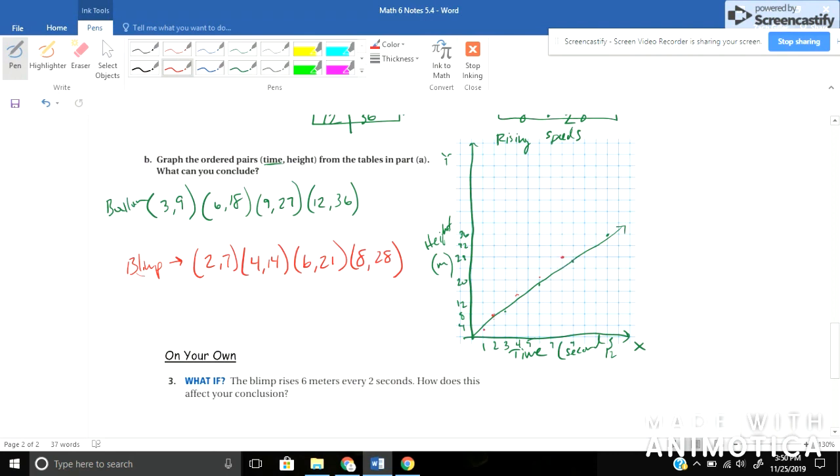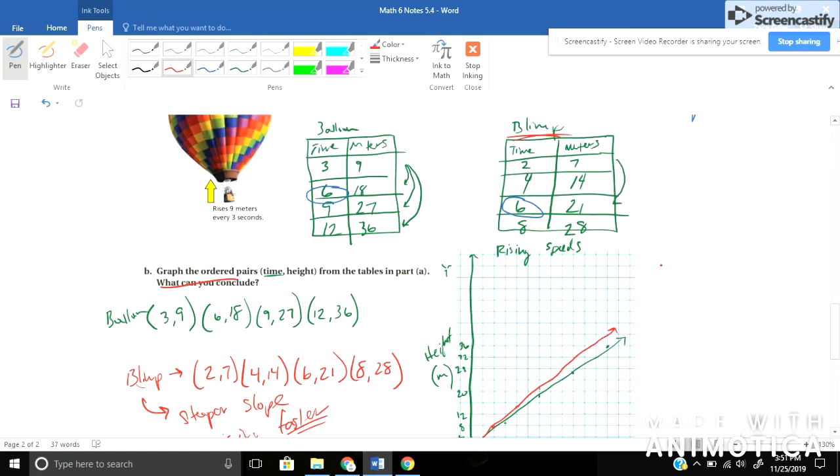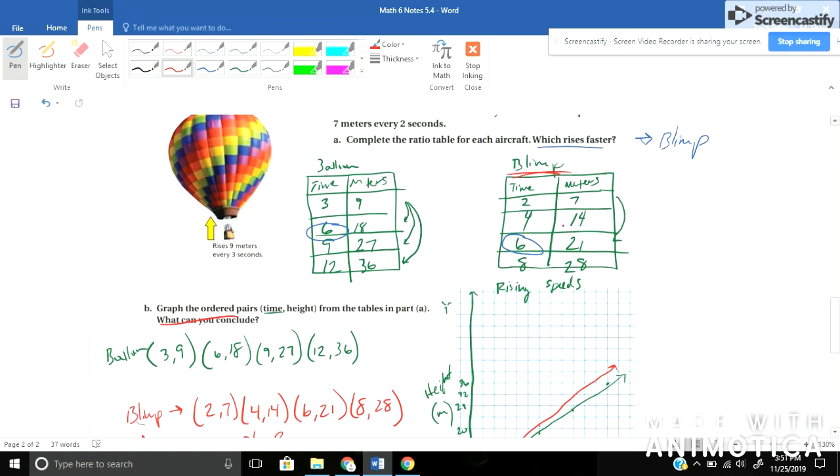Okay. When I graph this, you'll see that the red line is above the green line. Okay, so when it says, what can you conclude about this? Well, since the blimp has a steeper slope, that means that it's rising faster, which is the exact same thing that we found when we made ratio tables.